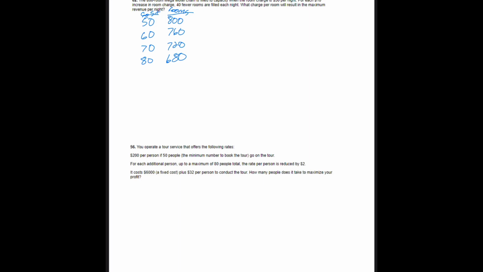Okay, so what we want to do is write an equation for revenue. Revenue is going to be cost per room times the number of rooms that are full.